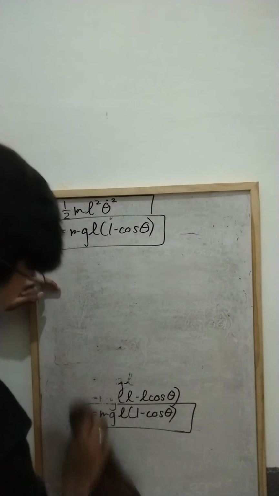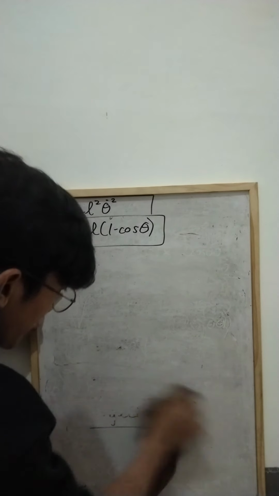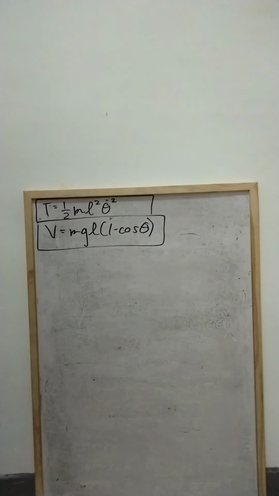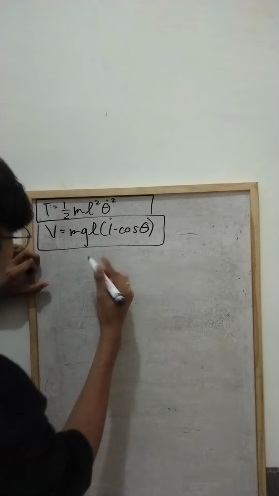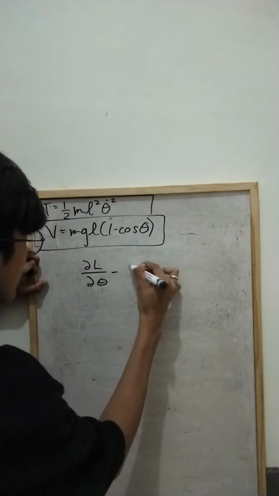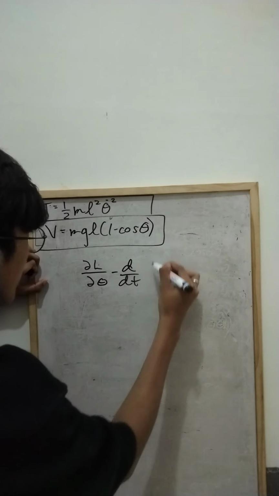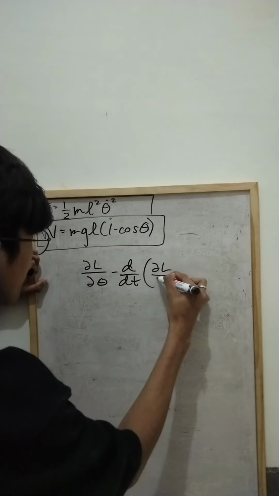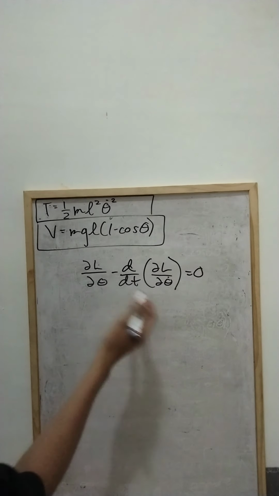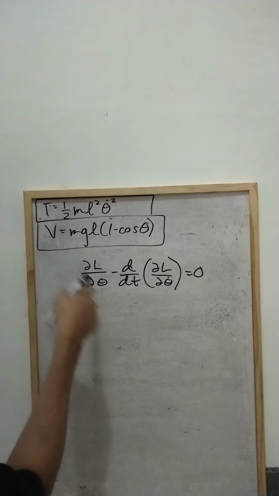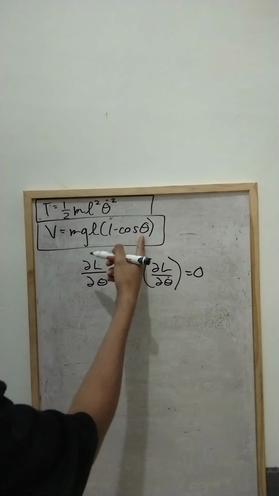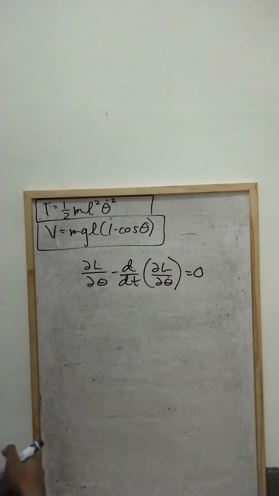This requires an intermediate background in mathematics, but I'm sure you can easily understand it here. Partial of L over partial of theta minus d/dt times partial of L over partial of theta dot, which is equal to 0. Now, we need to look for an answer here that is a function with a partial of theta, or dependent on the function of theta.